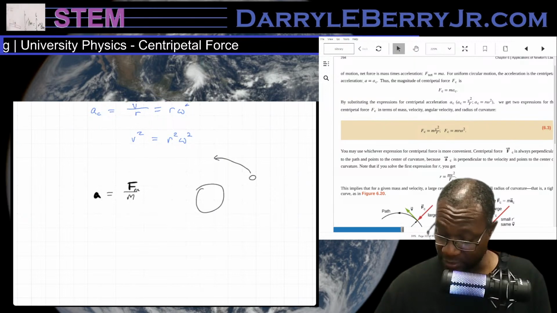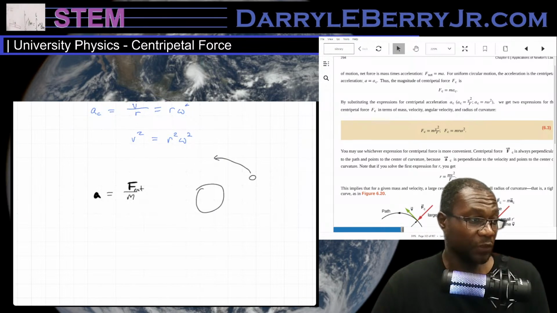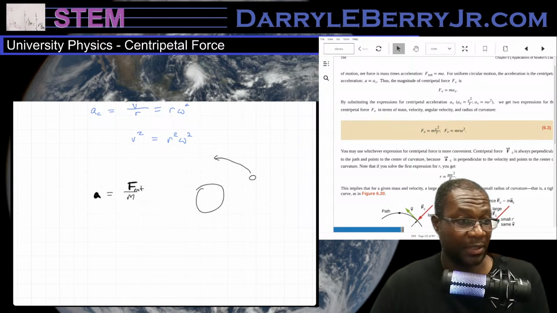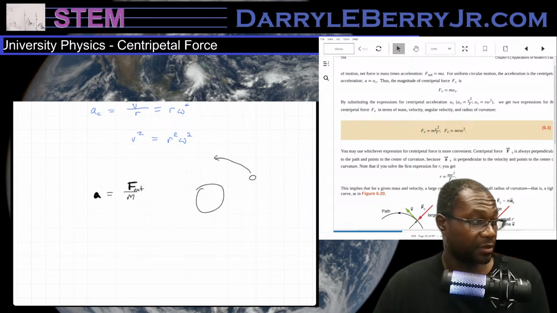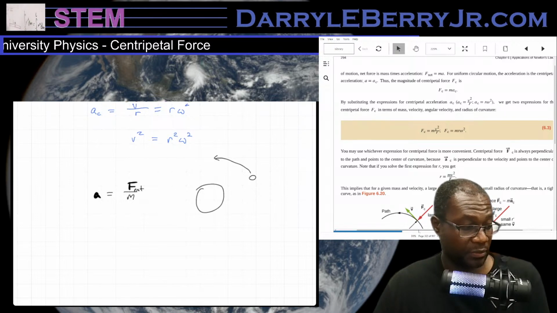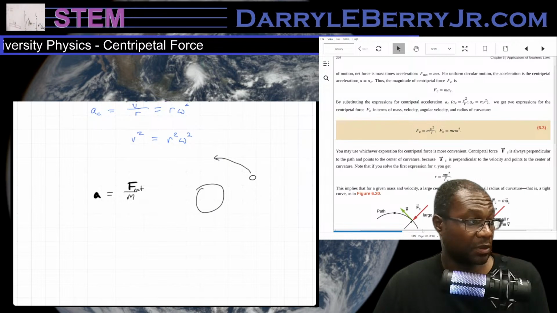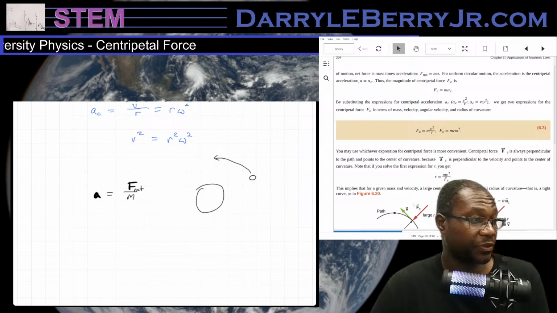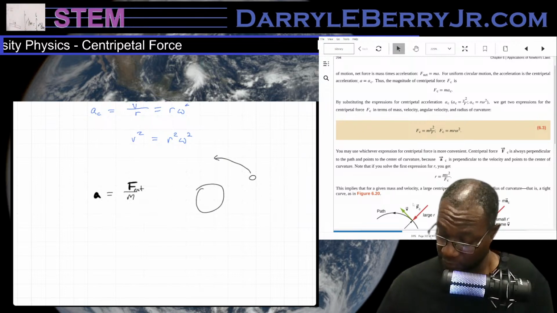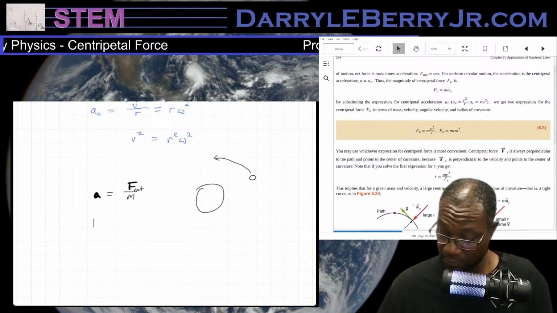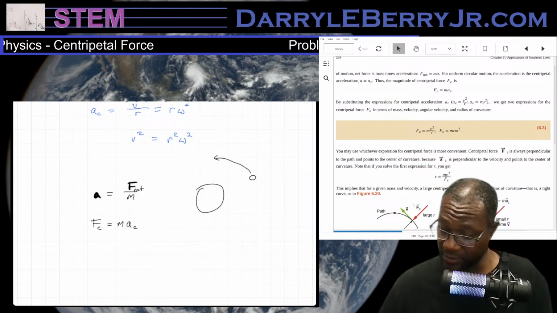So I can add the net there. For uniform circular motion, the acceleration is centripetal acceleration, a equals a_c. Thus, the magnitude of centripetal force is F_c equals m a_c.